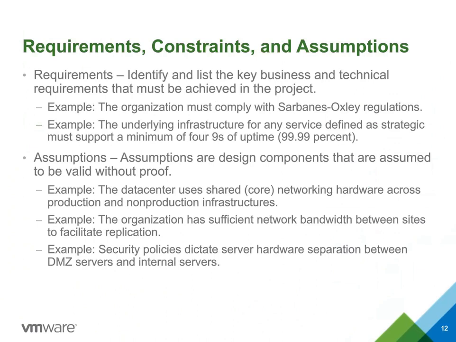Whereas vSphere HA restarts virtual machines in the case of host failure, with vSphere fault tolerance, if a host fails, the virtual machines that were running on that host continue to run with no downtime. So again, understanding what the requirements are helps the architect know what features and functionality he or she needs to build into the architecture itself.